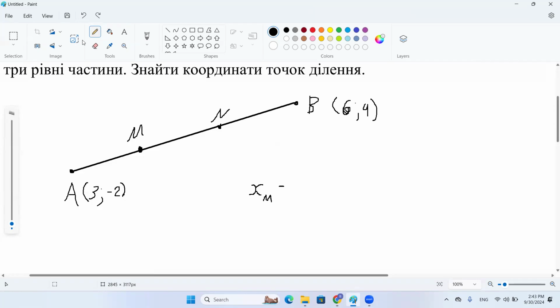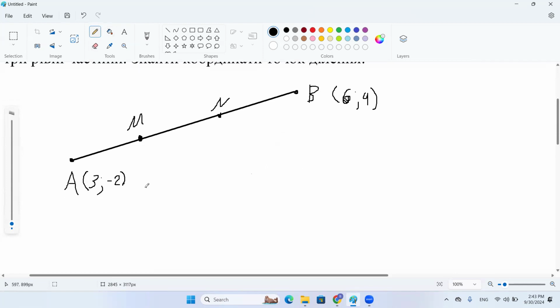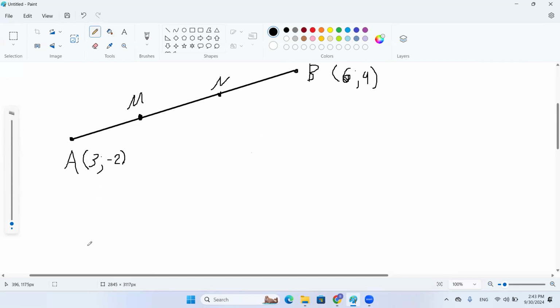So if we have a segment that is divided in any way, with points A and B different, somewhere here, and we have parts A and B, their fraction is lambda.